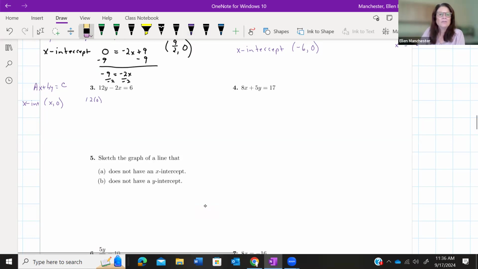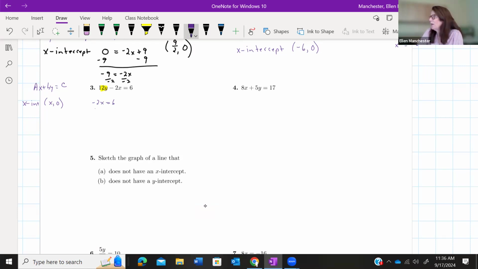So here's the awesome part about this. I can take this, cover it up, and I end up with -2x equals 6. Now, the reason why I'm covering it up is because my y is 0. So 12 times 0 is 0. I can cancel it. It goes away.